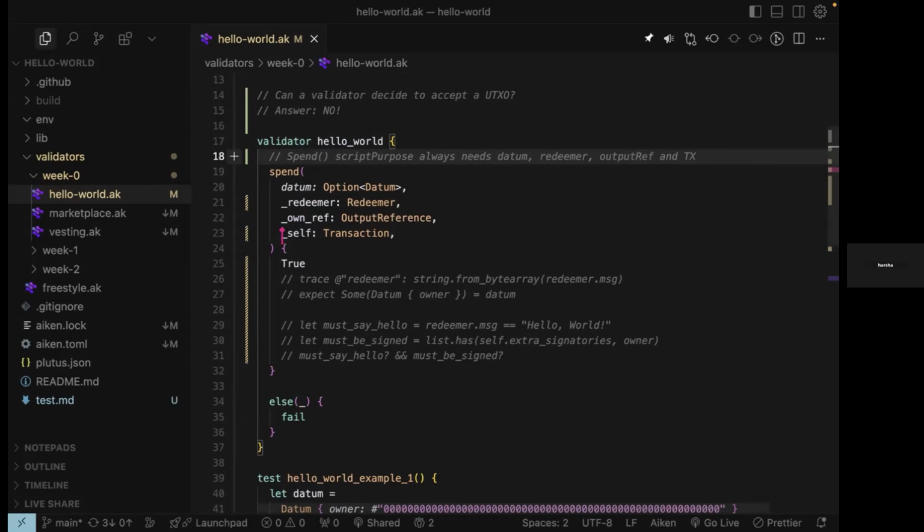Don't say self. Yeah, exactly, because self is... you can name these whatever you want. You're just calling the transaction alias name as self. Okay, exactly.